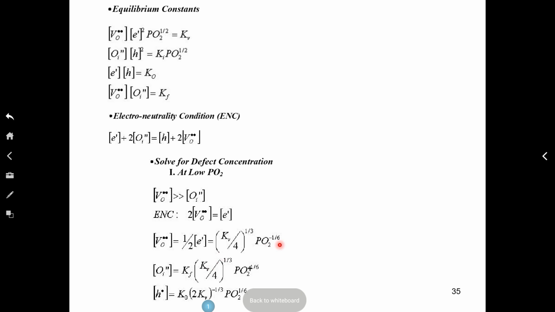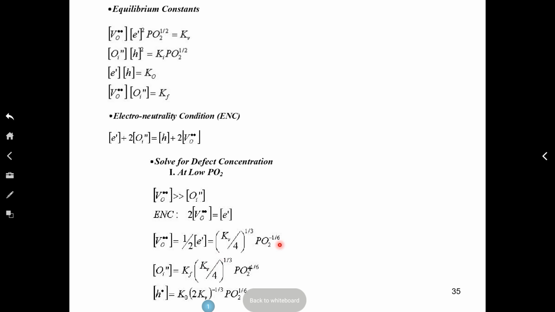Very predictable. Decrease your PO2 by 10%, and you know exactly how much the oxygen vacancy concentration will change. That's the beauty of this thermodynamics, and PO2 is your experimental control.